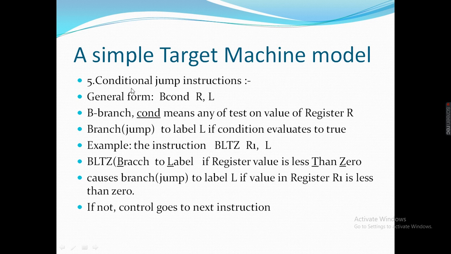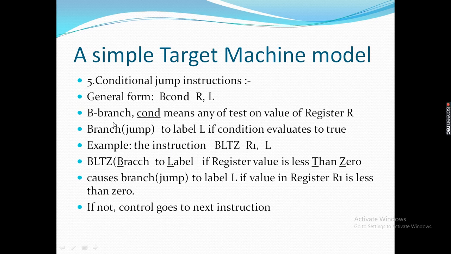Fifth one, the conditional jump instruction. Our target machine model supports the instruction Bcond R, L, that is the conditional jump instruction.